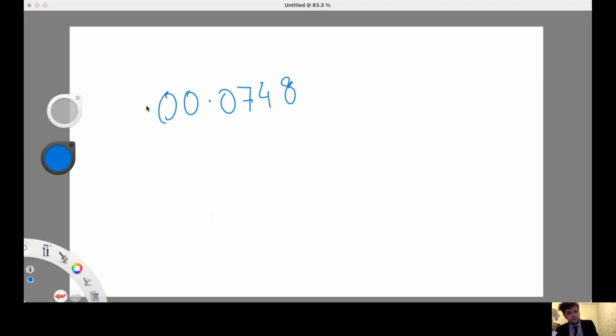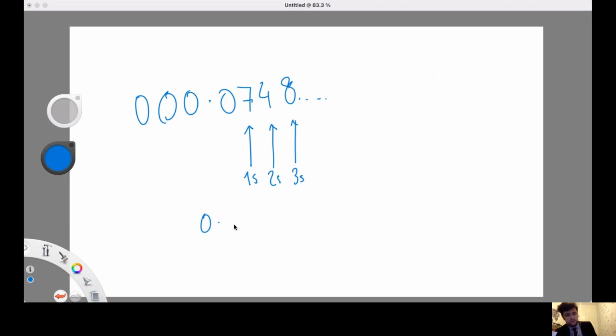Just as these zeros are, you still don't count them. They do affect the number, obviously, but they're not significant. You still count your first significant figure from the first non-zero value as you count from left to right. So obviously that would be 1 significant figure, that would be 2 significant figures. Your 8 would be 3 significant figures. Pretend there's some other numbers here. So it works in exactly the same way. Don't be scared that it's decimal.